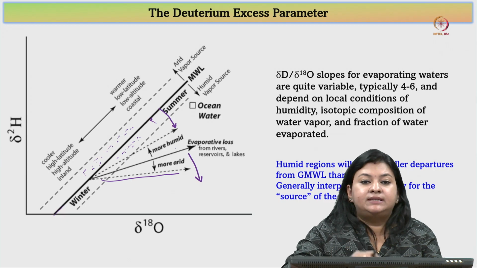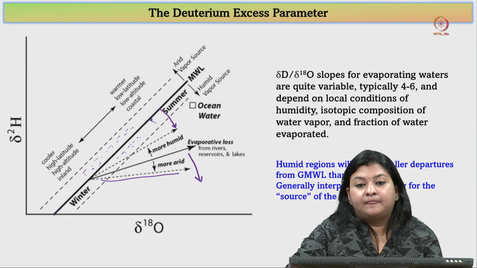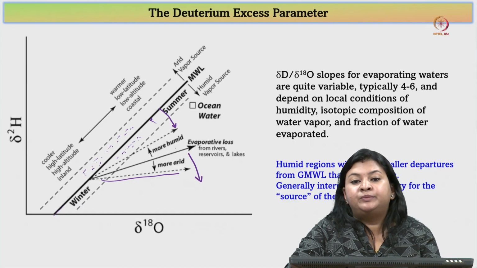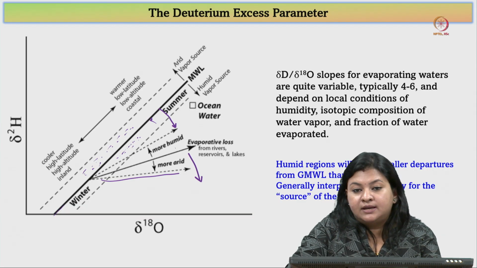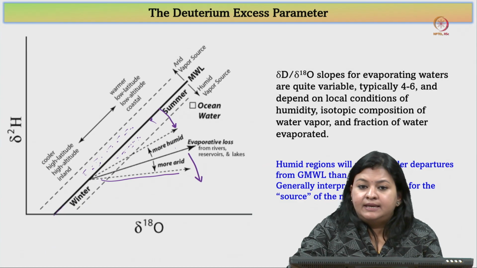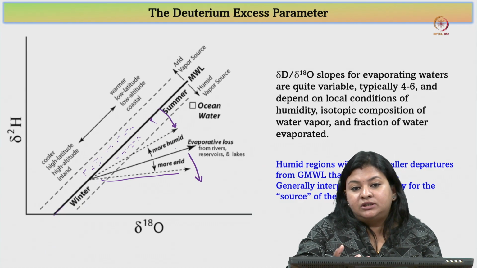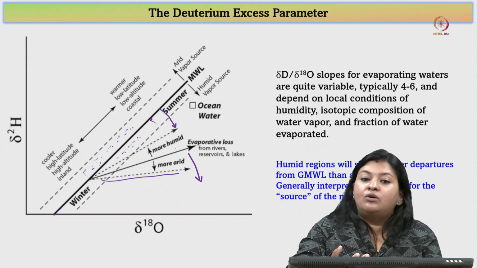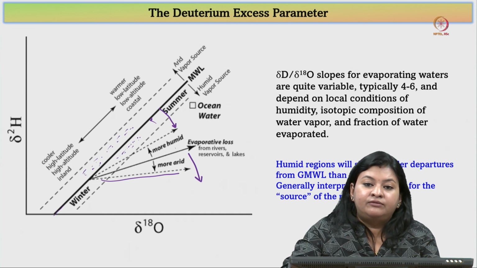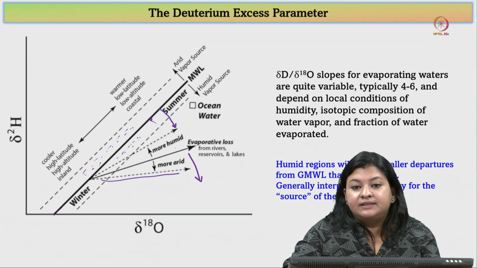And there is also a seasonal difference. In winter, due to cold temperature, due to humidity difference, due to temperature difference, the values will be more and more negative. In summer, there is more temperature, more kinetic fractionation, but due to higher temperature, the 18O is also now high in the vapor phase. So, there is less difference between the vapor and the liquid.